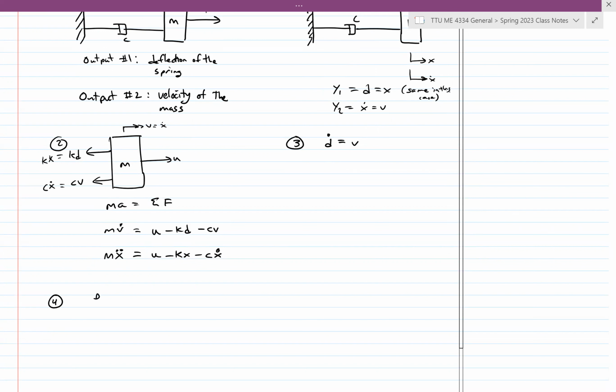Laplace transform. So I'll do it for the one that you guys probably prefer for now. M x double dot is equal to U minus KX minus CX dot. Do the Laplace transform of that. What do we end up with here?